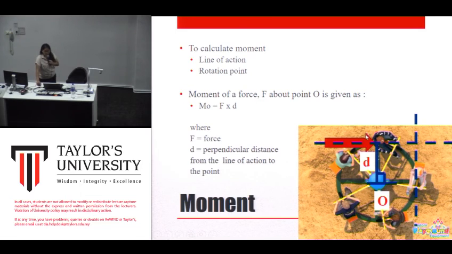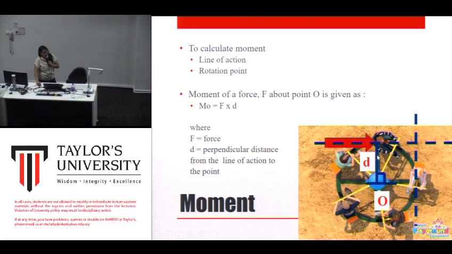Why? This force is just a horizontal force, but when it is applied to this structure, it will create a moment. This force acts in this direction, and it is a distance away from the point of rotation. This is the line of action for force 1.